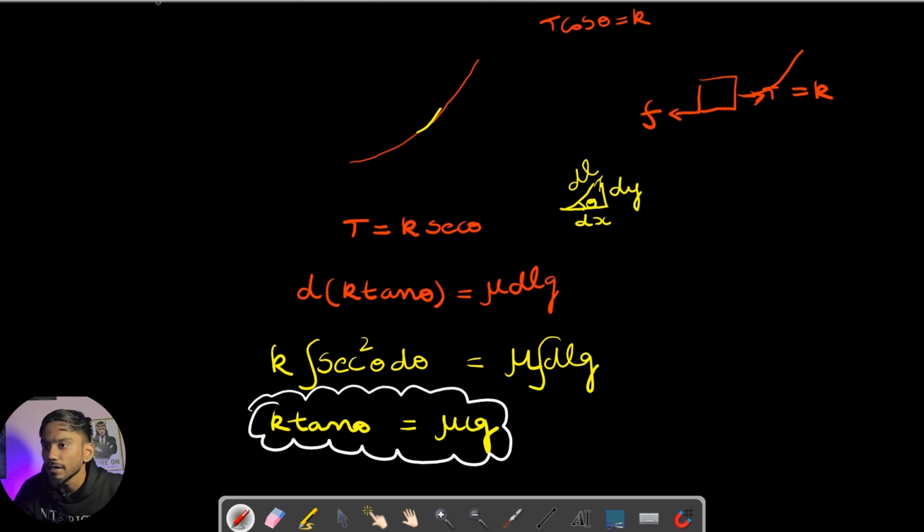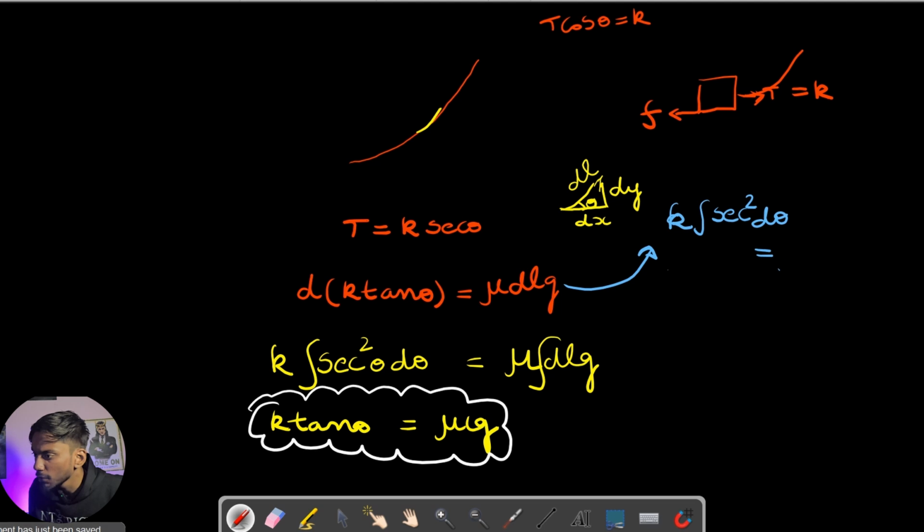Now let's see this particular portion. I am trying to solve d of K tan theta, or K times the integral of secant square theta d theta, which is equal to mu times, can I write dl as dy cosecant theta d theta.